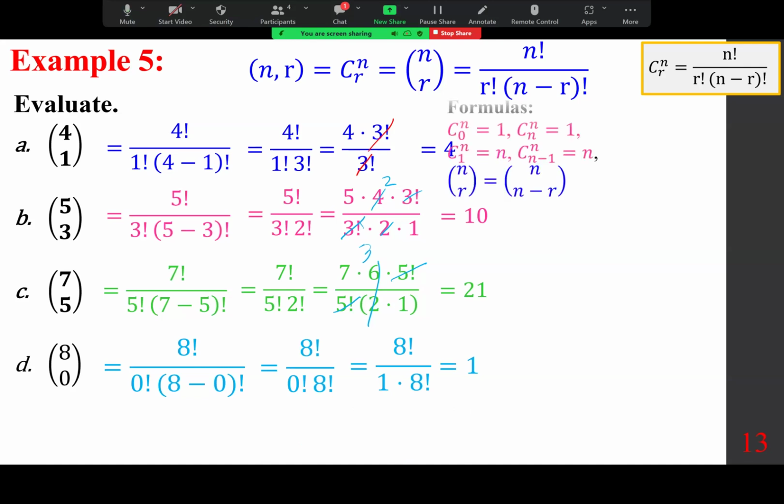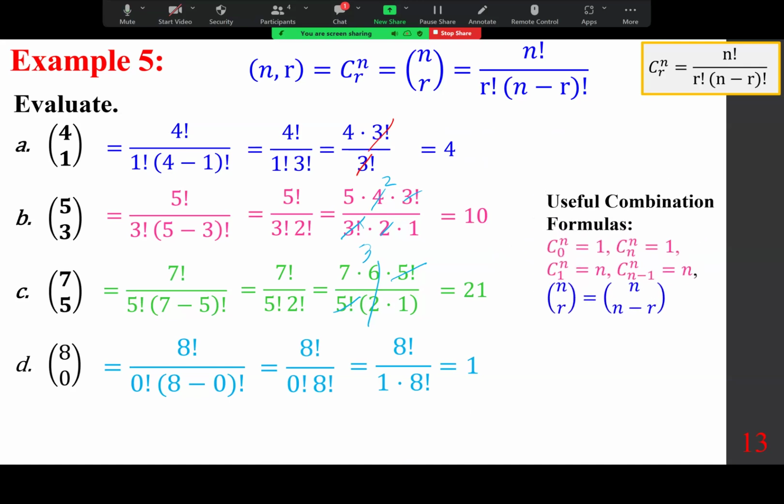So these are useful formulas. CN0, we looked at this example, we came up with 1. CNN, I highly recommend you try it. For example, C8,8, C7,7, and so forth, that becomes 1. CN1, for example, we looked at 4,1, and we ended up with N, or 4.